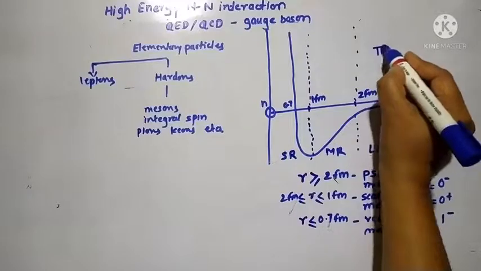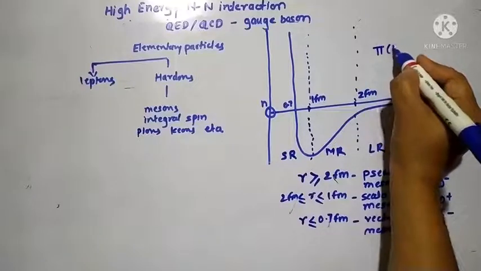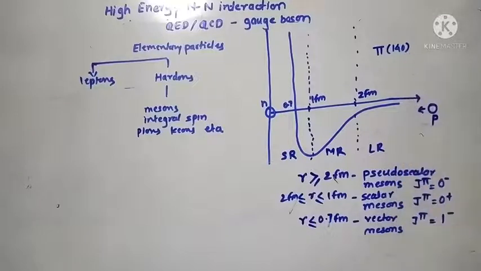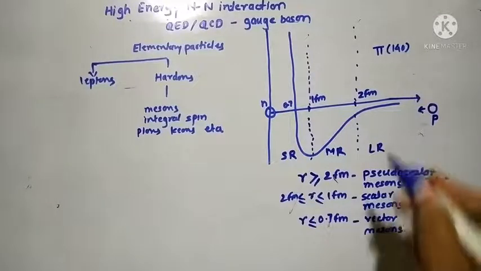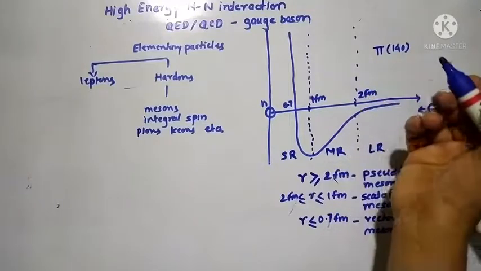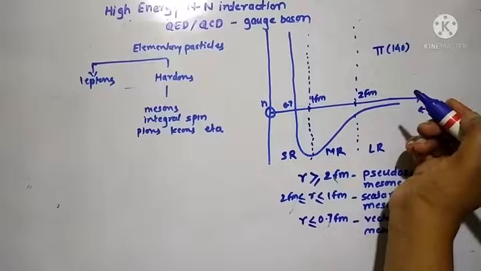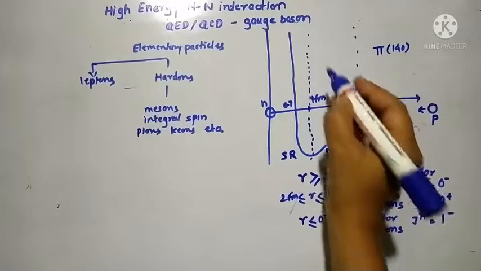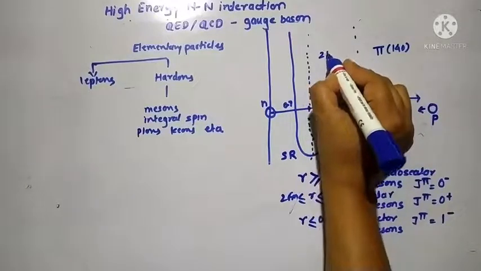So the long range is generally mediated by pions, which have a mass of 140 MeV. The medium range involves larger energy. It means that it could be mediated either by a particle which has more mass than pions, or by two pions.